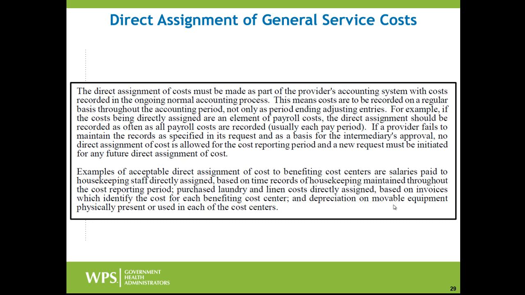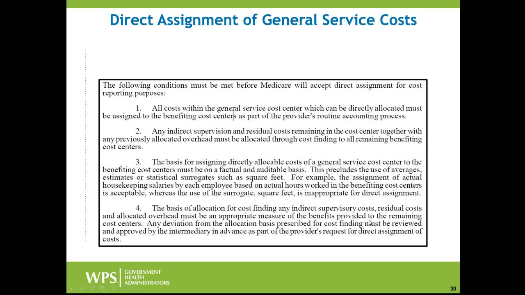If you know that one big piece of equipment was only used in the radiology department, that's a classic example, it's never used anywhere else, then that's a candidate for direct assignment. A building that is only used by one department, another classic example there. Now we're starting to get into some of the conditions that must be met before we can approve it.